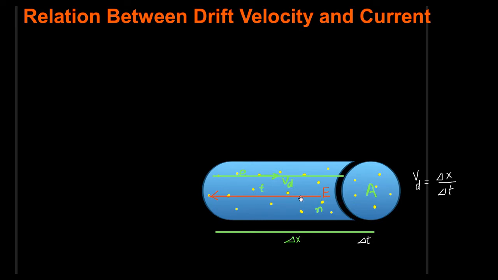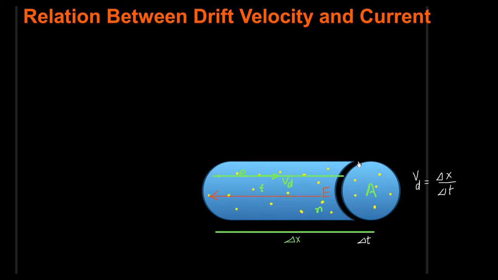But when an electric field is applied to the ends of the conductor, these free electrons drift with a velocity called drift velocity. If the electric field is acting in one direction, electrons drift in the opposite direction.